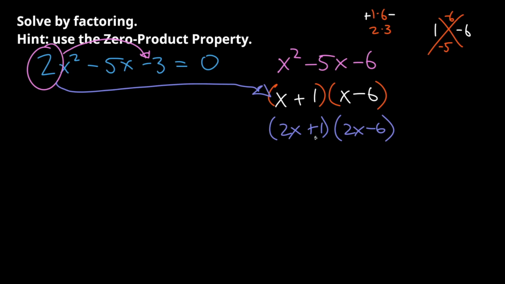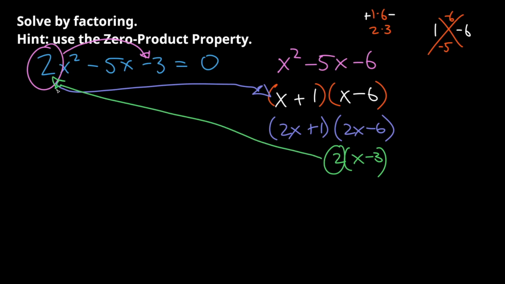We don't have any common terms, so we can leave it. 2x minus 6, they both have a 2 in common, so we can factor out a 2. And when we're done factoring out those little numbers, we want to see if this number matches that, and it does. So we are finished with that number, which just means our two factors are 2x plus 1, x minus 3.